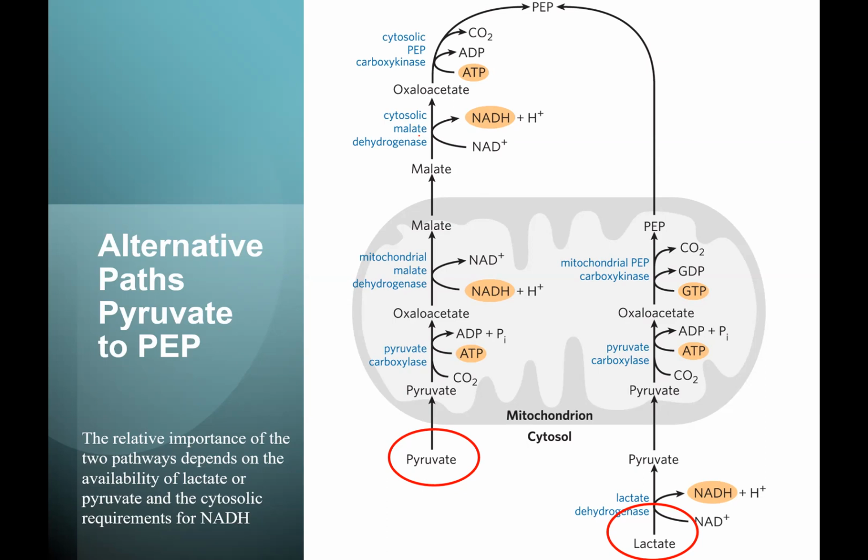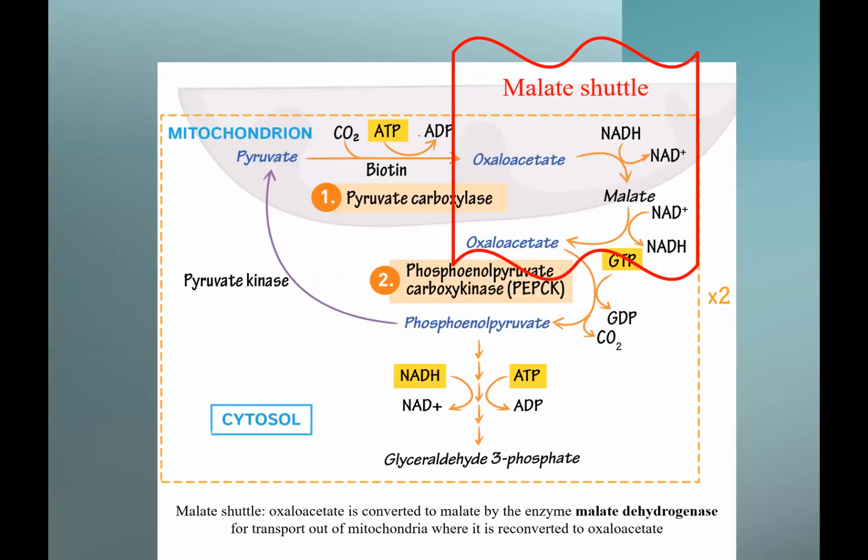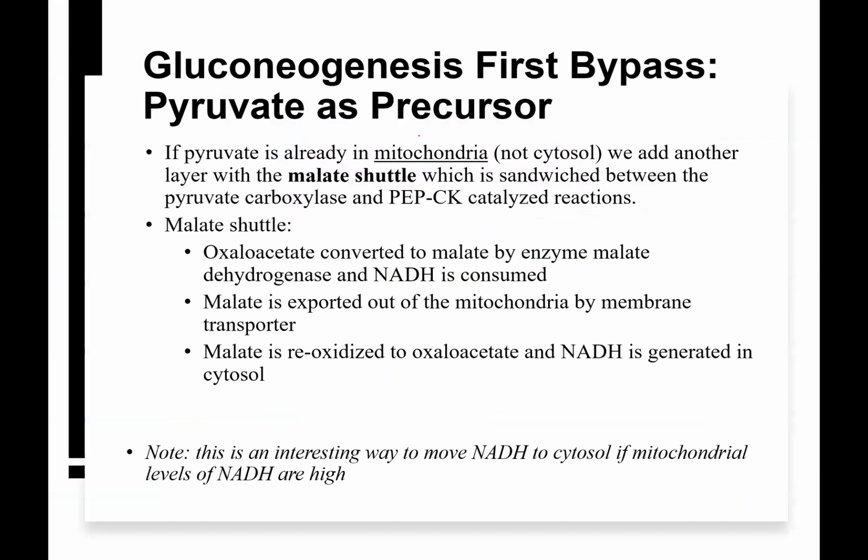None of this is showing it all happening in the cytosol. Okay, I'm going to retract that statement. What I'm trying to say, and this is a tricky one to explain, is that there are two possibilities in terms of this bypass.